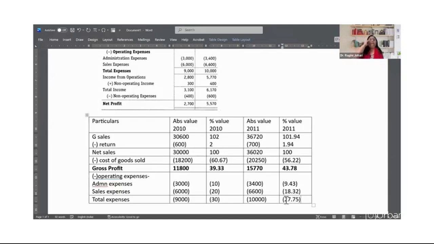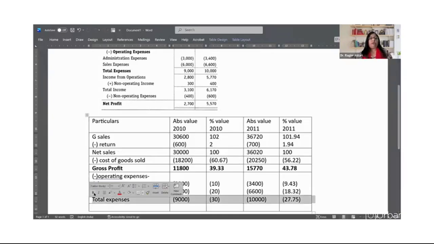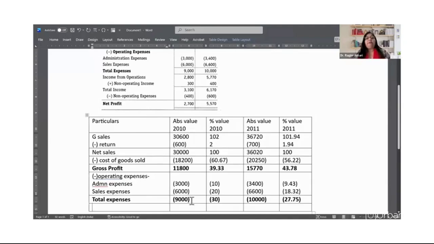All right. Once done, we have gross profit and total expenses so far. Now deducting this money from my gross profit, I get income from operations.